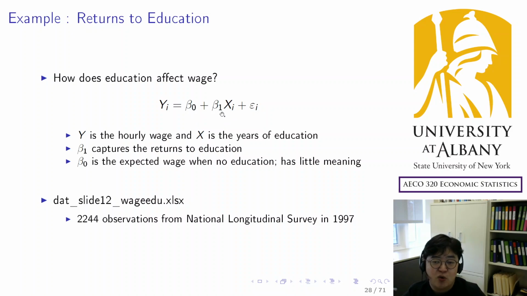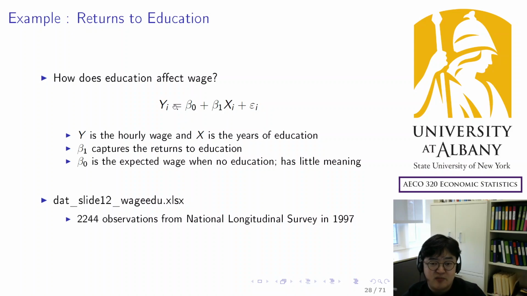Okay, so beta 1 is called the returns to education. When you stay in school for another year, how much will your hourly wage increase, right? And beta 0 is the expected wage if your education is 0, right?